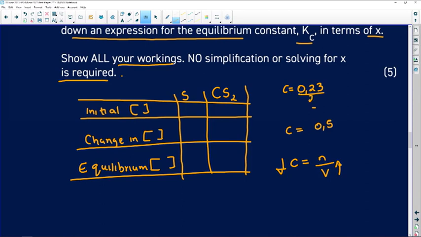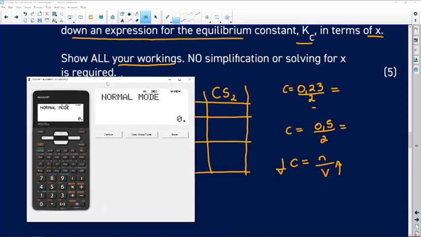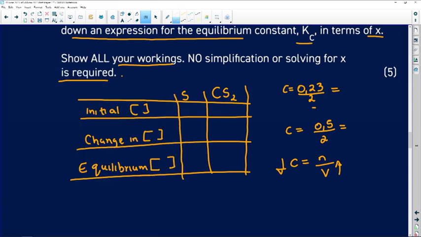So I'll divide by 2 here. If we say 0.23 divided by 2, we go to our calculator: 0.23 divided by 2. What are we going to get? We are going to get 0.115. Okay. And then for this one here, 0.5 divided by 2.